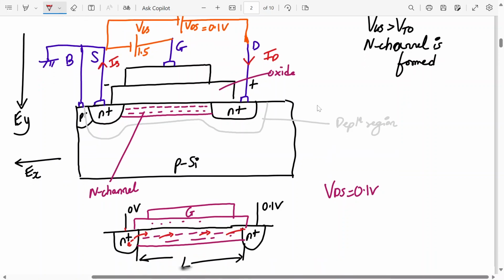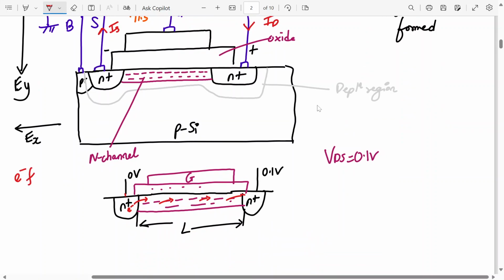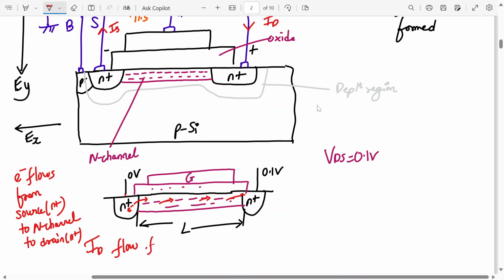So electrons flow from the N plus source region to the N channel, and reach the drain terminal, which is again N plus. So your ID will flow from drain to source, whereas your electrons flow from source to drain. Are you understanding this? Yes, no, what?